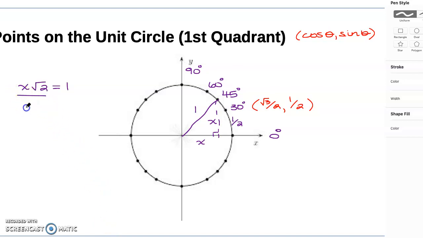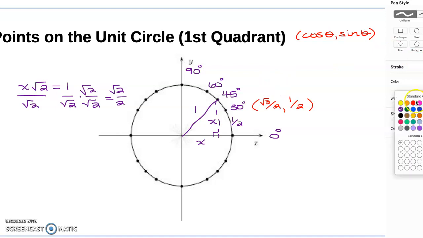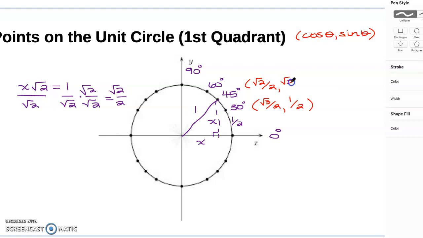So we can divide by radical 2. I don't want that radical in the denominator, so we're going to multiply by radical 2 over 2 to rationalize. So this is radical 2 over 2.